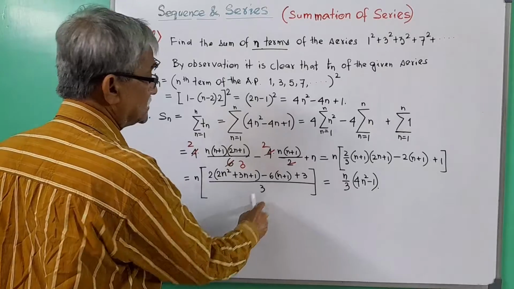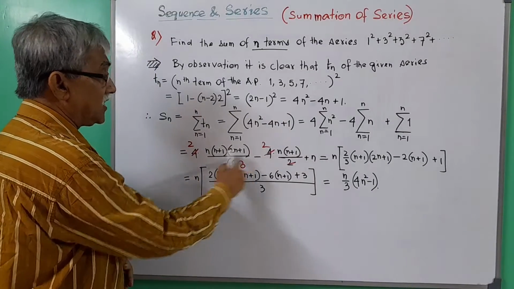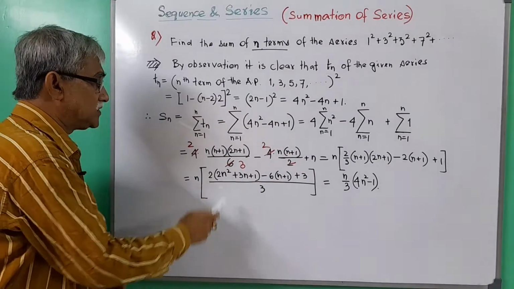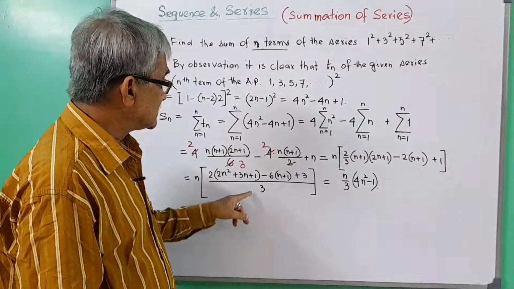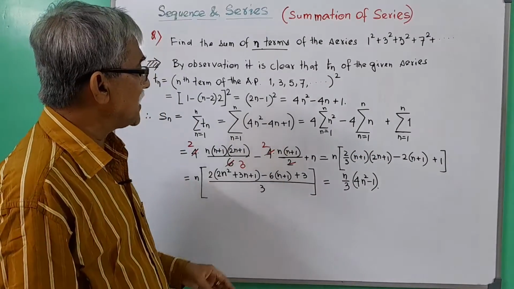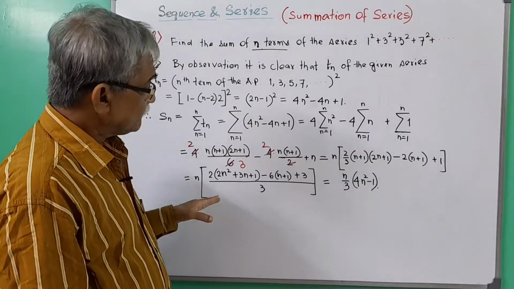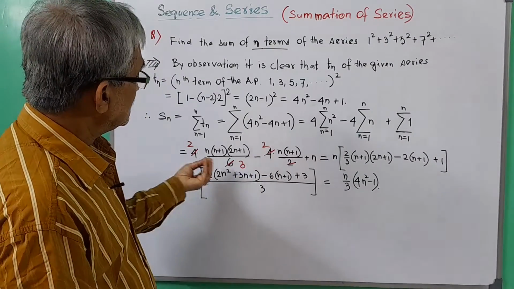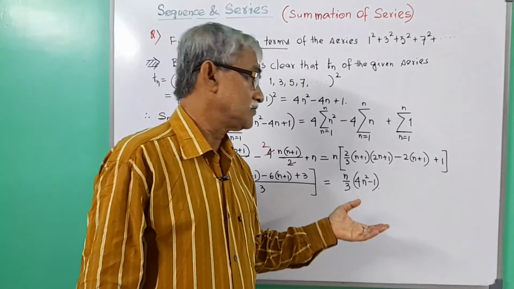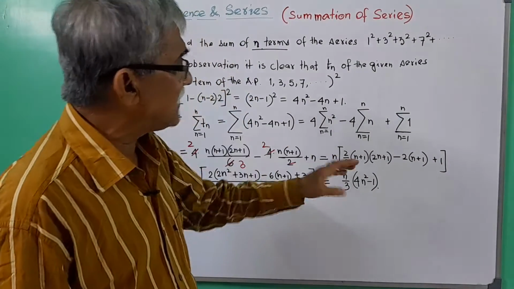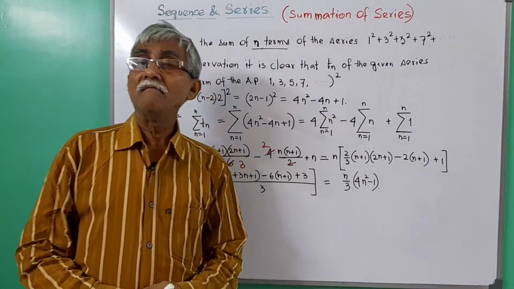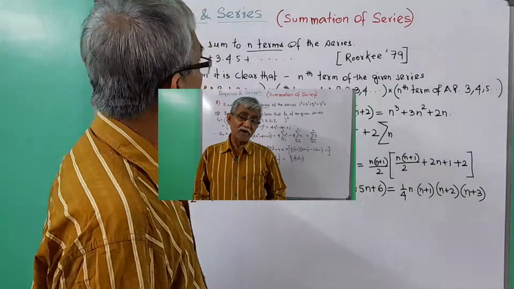Okay, so the denominator will be 3 and the numerator will be 2 into (2n square plus 3n plus 1) minus 6 into (n plus 1) plus 3. Just simplify, break it up and sum it up. You simplify it and you get the answer n by 3 whole into (4n square minus 1).